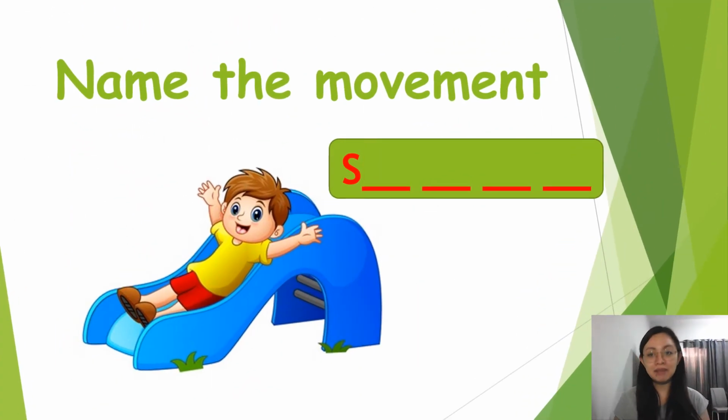Now let's name some of these movements. Name this movement. What is the boy doing? Can you guess? It starts with letter S. 1, 2, 3. What's the word? Very good. The word is slide. Let's go to the next picture.